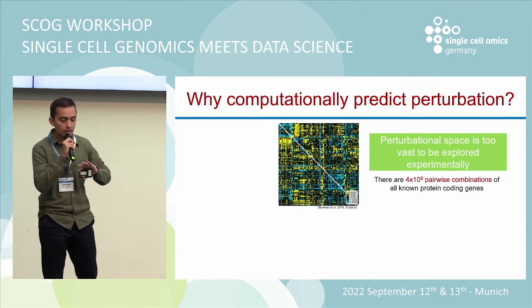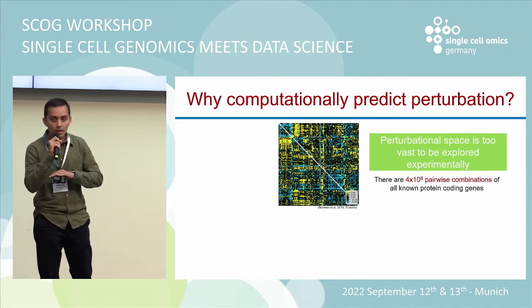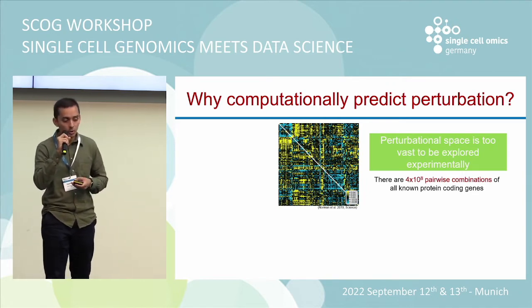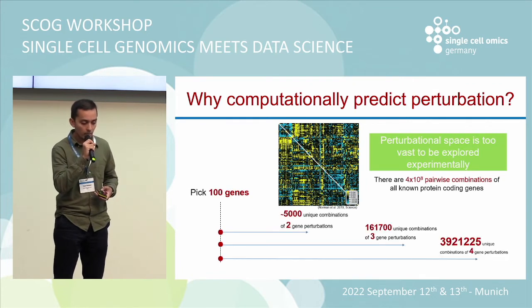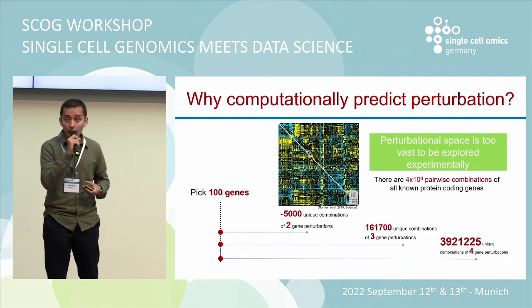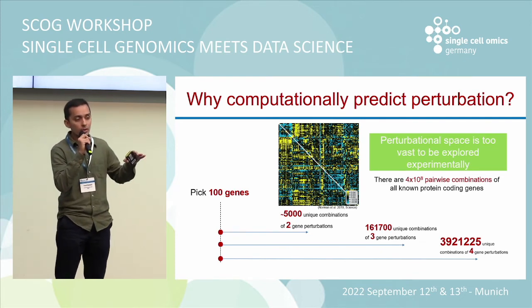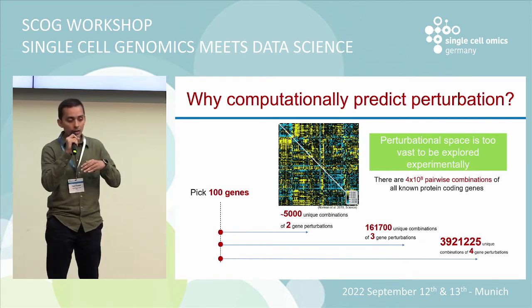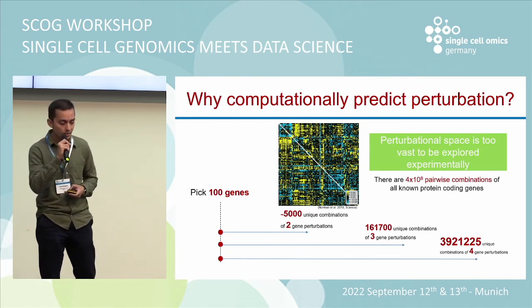So if you just consider all pairwise combinations of known protein coding genes, you're already looking at 4 × 10^8 possible combinations. And if we scale this up to higher orders, we see that this goes up by orders of magnitude. So clearly, to predict the vast majority of combinatorial perturbation outcomes, we need computational approaches.